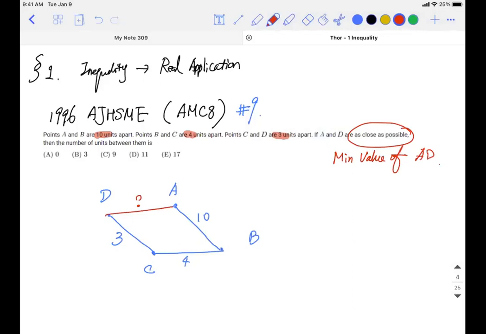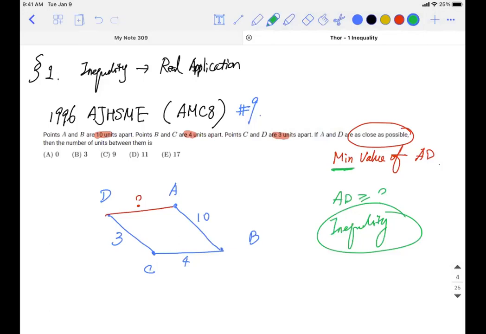As long as you say minimum value, AD will be greater than or equal to something, right? Something like this means the minimum value. So that being said, you need to have an inequality, right? If there's no inequality in this problem, of course, there's no minimum value or maximum value.